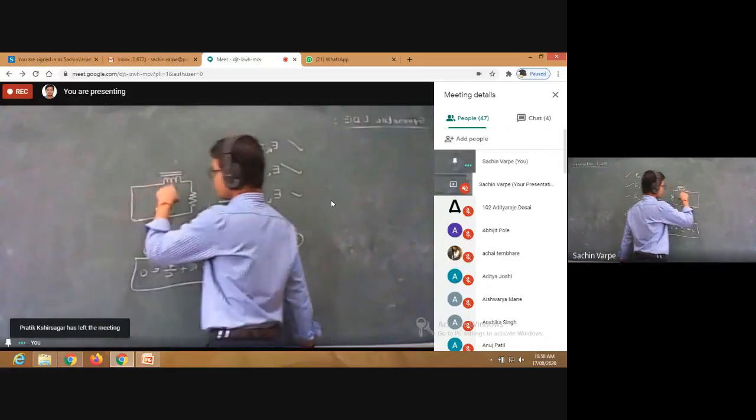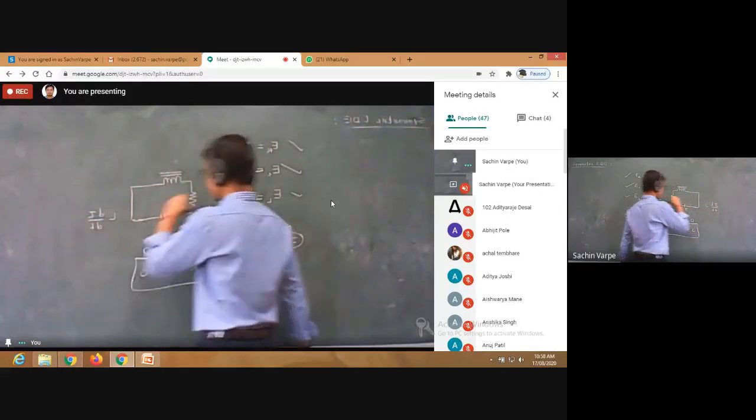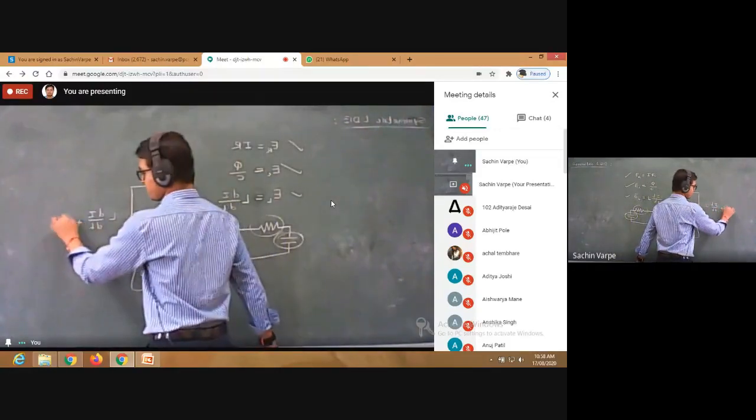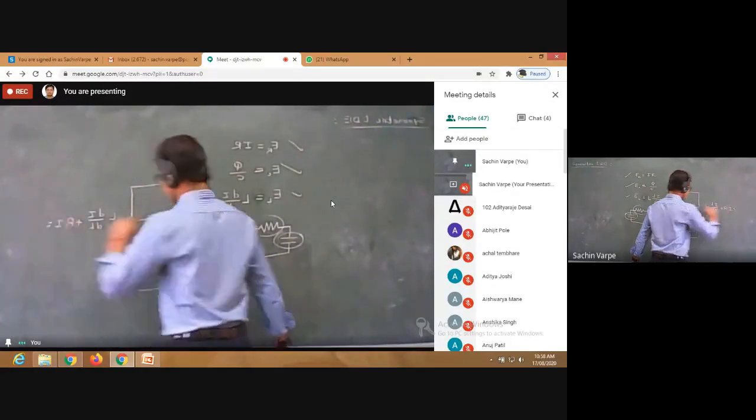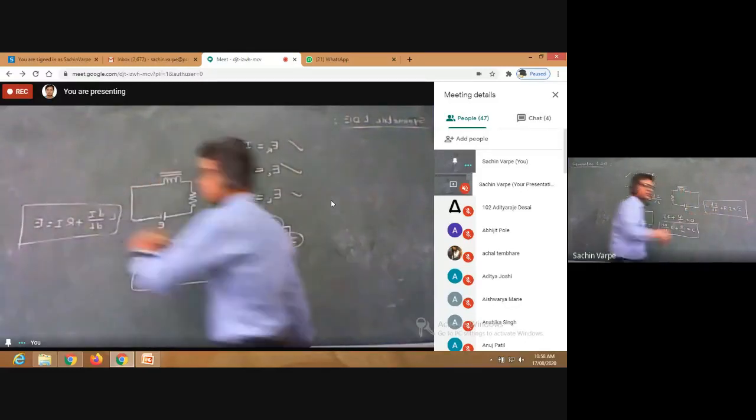The voltage drop across the inductor is L di by dt, and the voltage drop across the resistor is Ri, equal to the total electromotive force E. So this is the differential equation associated with this circuit.